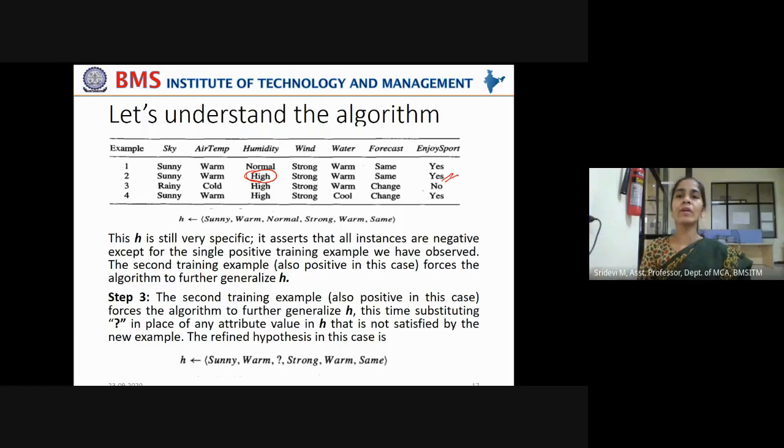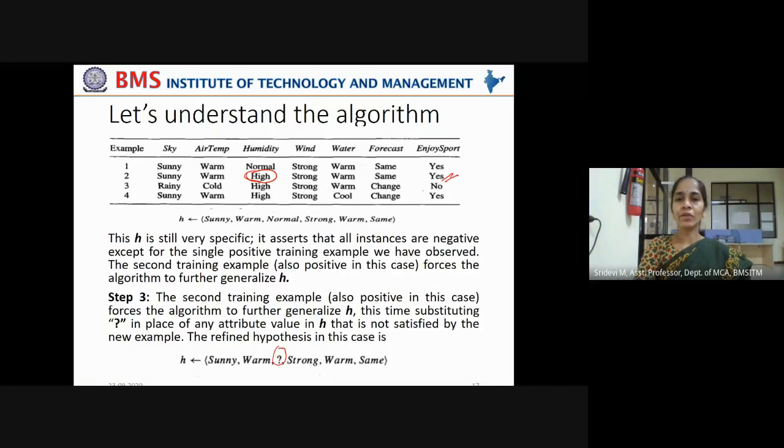It pertains to a positive label. So we have to make our hypothesis more general. How to make it more general? By putting a question mark in place of humidity's value.